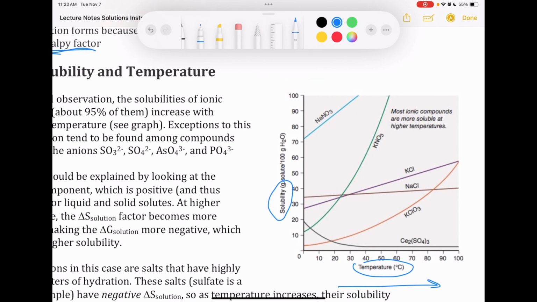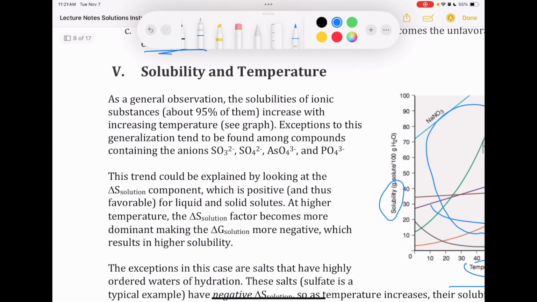Now, there's a clear exception here, which is the cerium sulfate salt, right? Actually, its solubility decreases as temperature increases, but that by far is a very, very rare minority. Most salts behave like the ones shown right here, which is that as you increase temperature, their solubility also increases. How do we explain this trend? Well, it's fairly straightforward. We actually explained it much earlier on.